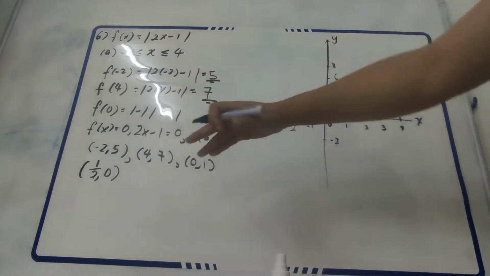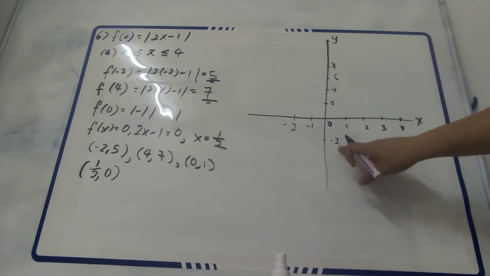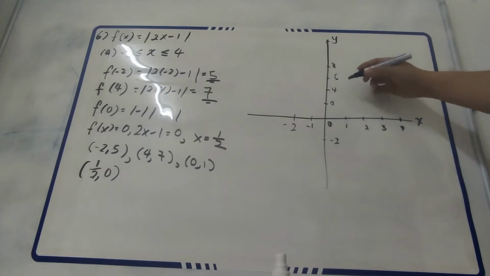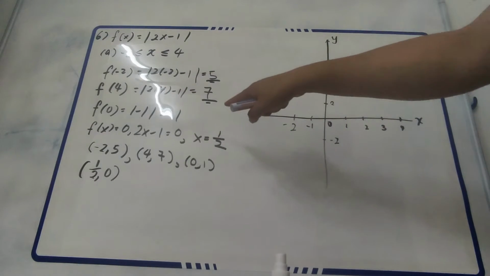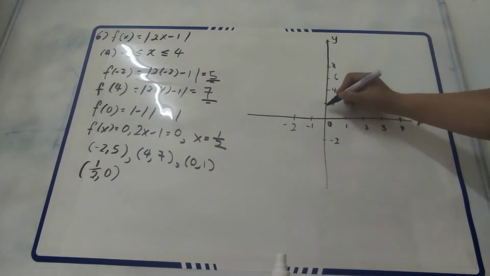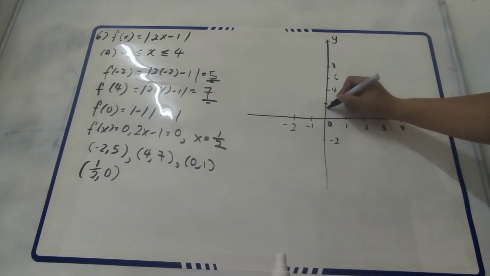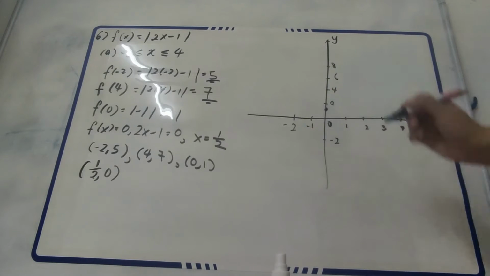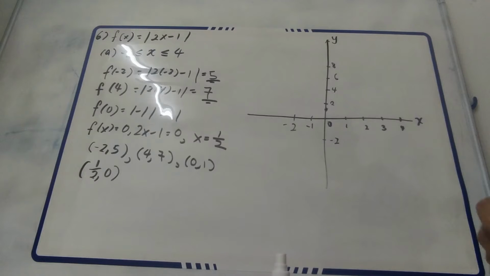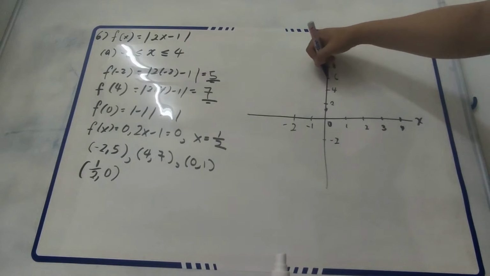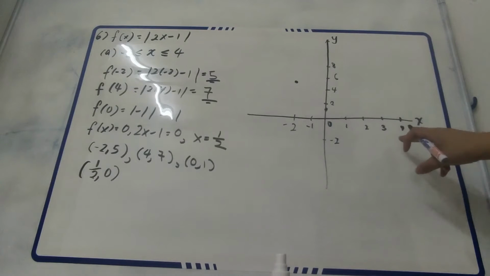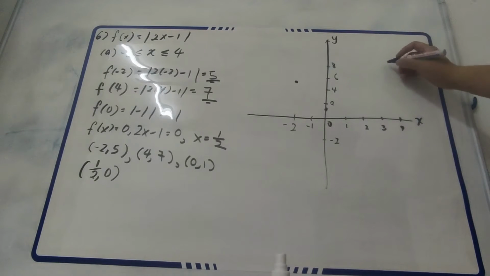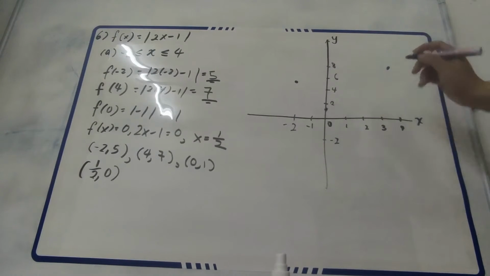This one we don't have a negative, so we just write until here. Okay, so when x equals to 0, you have 1 here, and at minus 2 you have 5, and at 4 you have 7.